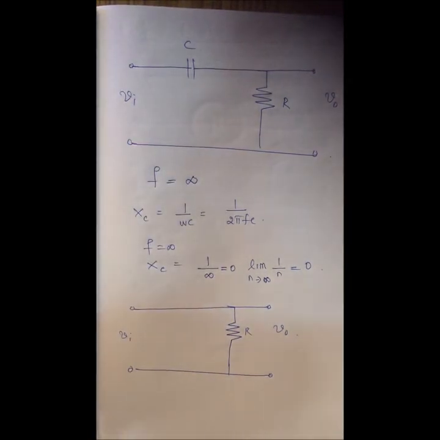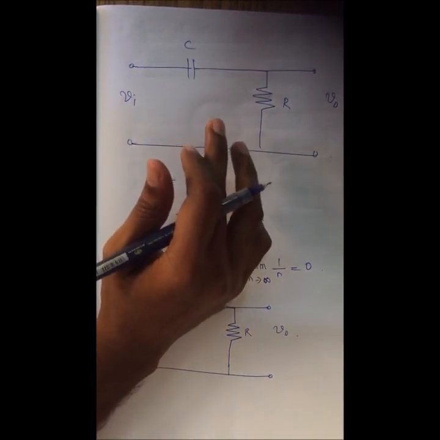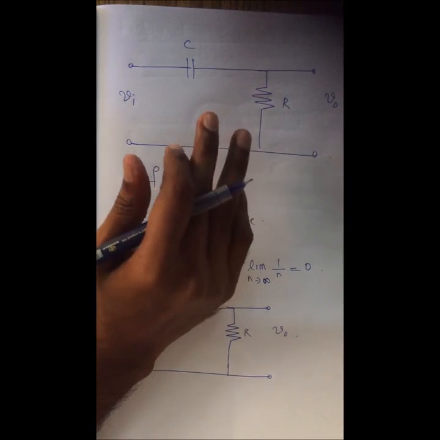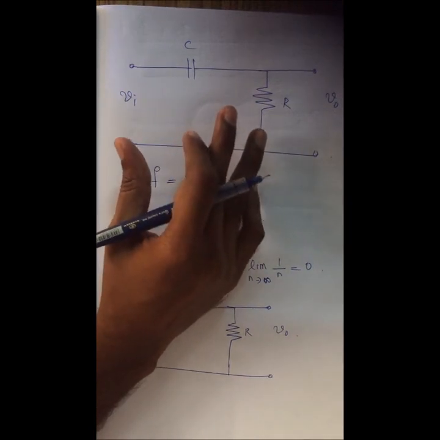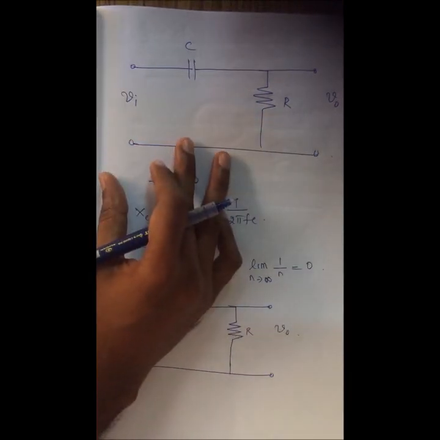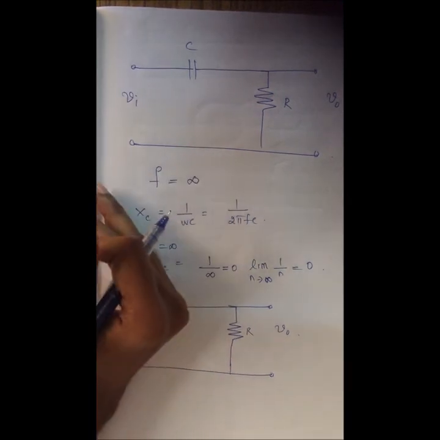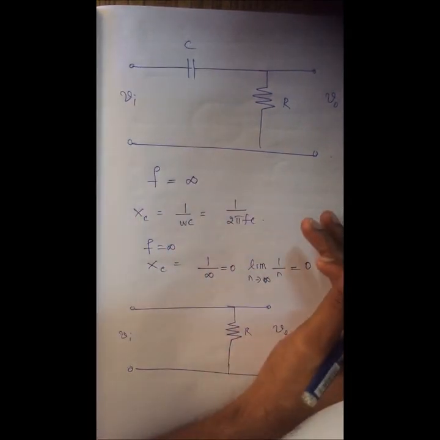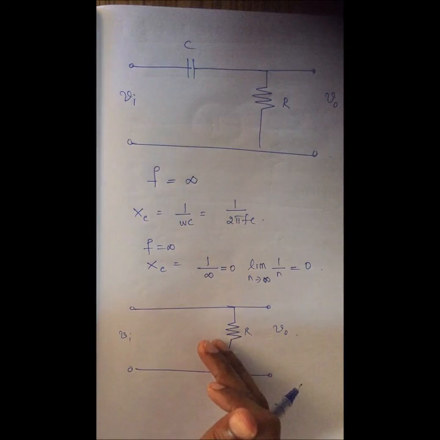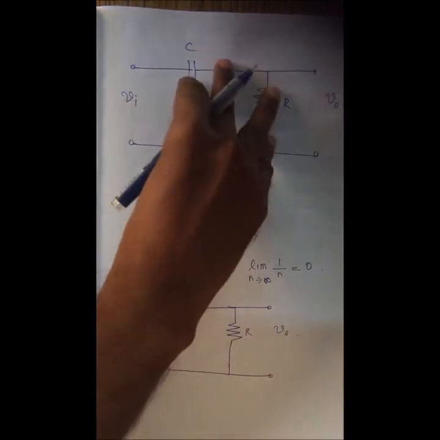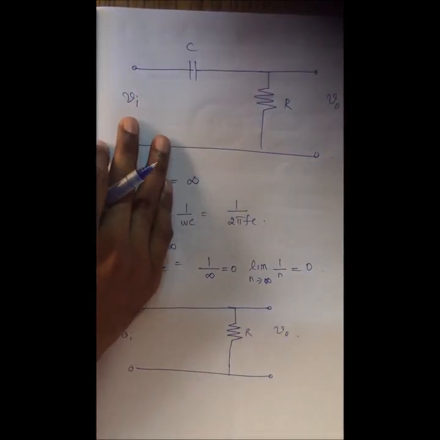Now, such a basic configuration is the most common coupling circuit used to obtain a DC isolation between input as well as output. In the next lecture, we will be learning about the behavior of such a circuit to a sinusoidal signal.